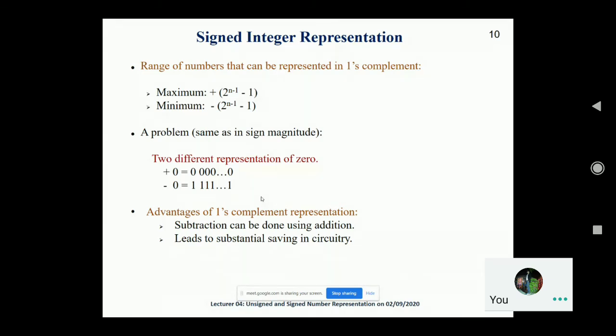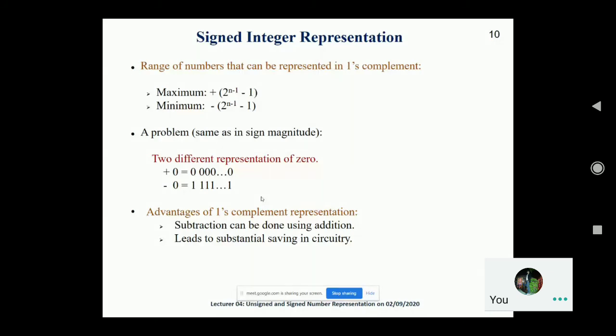Now, what is the advantage of the 1's complement representation? This particular part we'll discuss later, because when we are designing the circuit, then you can automatically understand the benefit of 1's complement. One great benefit of 1's complement is that subtraction can be done using addition. We are not separately designing for subtraction.